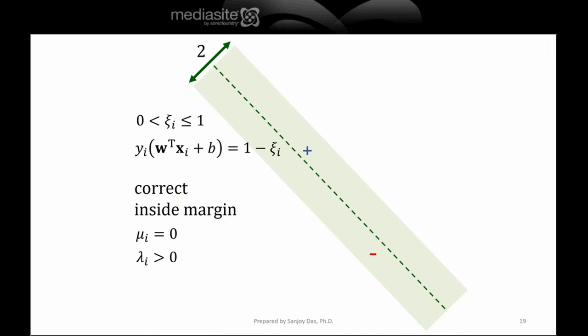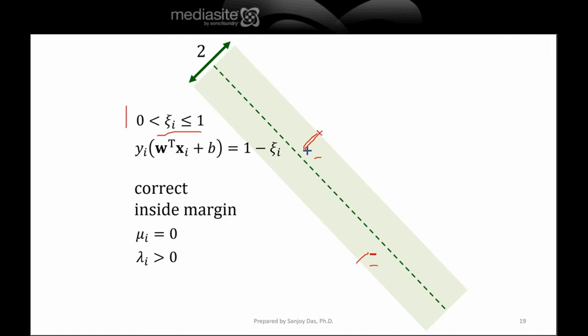Now here the points have entered the forbidden region and they're still at a distance of less than 1 from the corresponding margin. So this error is less than 1 and likewise this error is less than 1, and so zeta I in both cases is between 0 and 1.